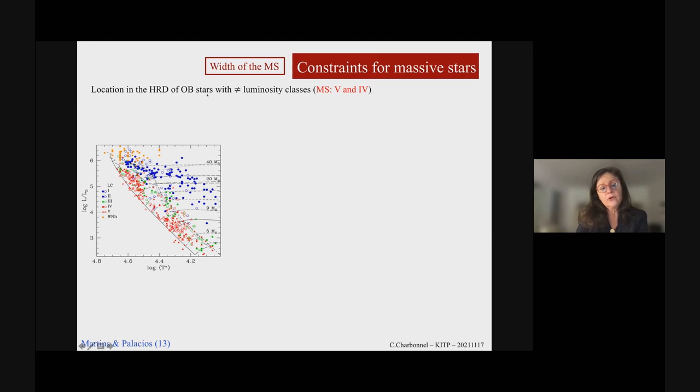So these are OB-type stars in the galaxy of different classes, and in red you have what can be considered as main sequence stars. And here in dotted you can see the tracks without rotation, and here with rotation. So you see the effect is relatively modest here in this graph. These are predictions of Ekström and collaborators.